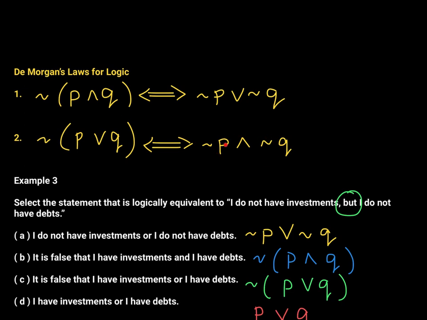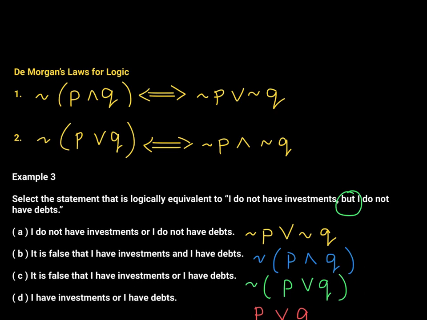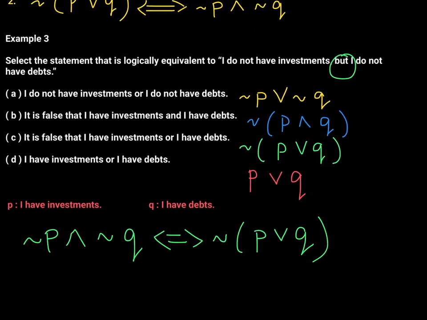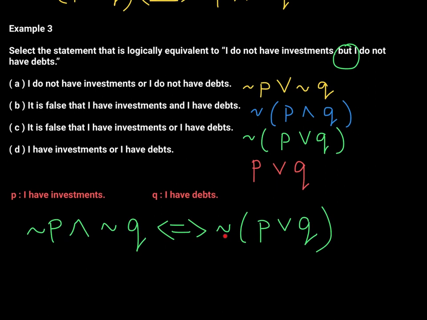This is the given statement, not P and not Q. That is the original statement that they gave us, and it is equivalent to the negation of P or Q. And that's what I've written down for us here. So then, therefore, it is this third statement here, letter C. The given statement here is equivalent to, it is false that I have investments or I have debts.